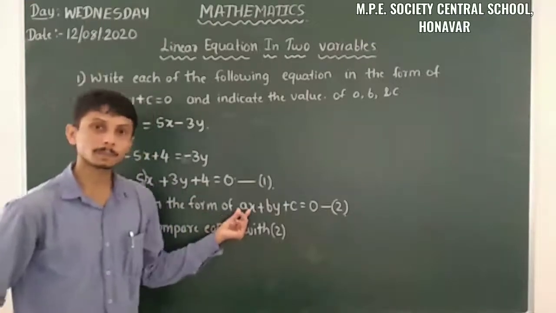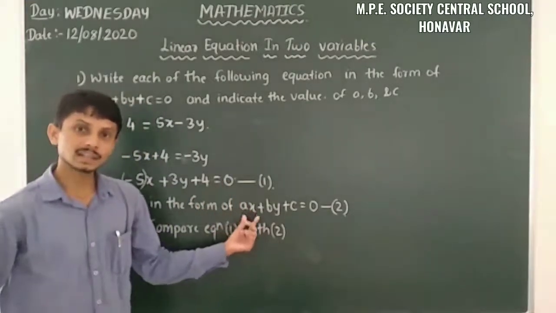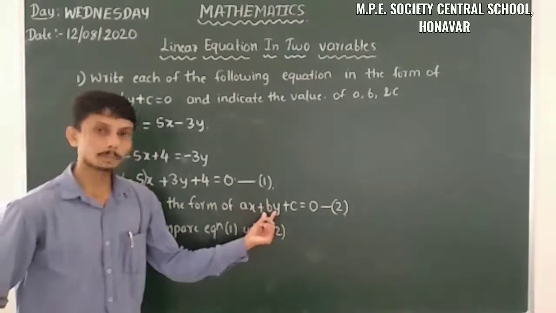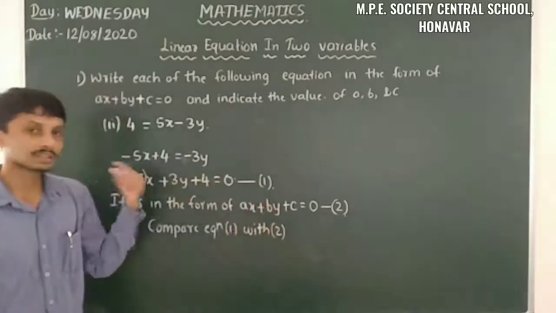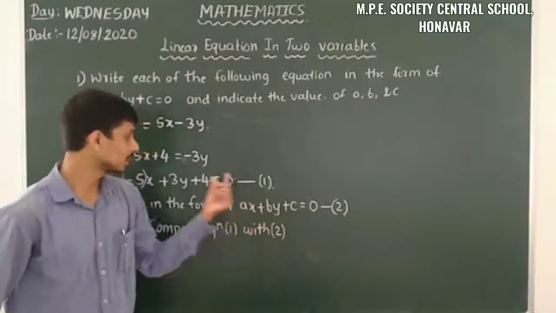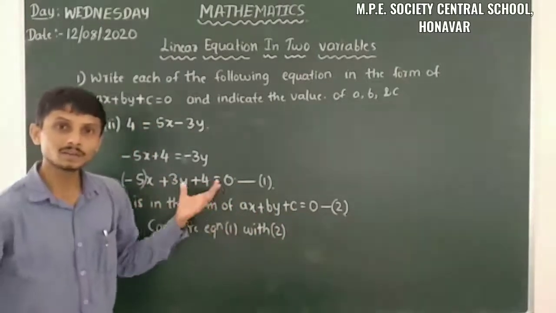What's the coefficient of x here? In the place of a, here minus 5 is there. In the place of b, the coefficient of y, we have 3 here. In the place of the constant term c, we have 4 here. We have to compare those terms.